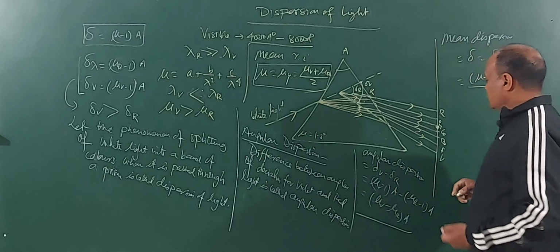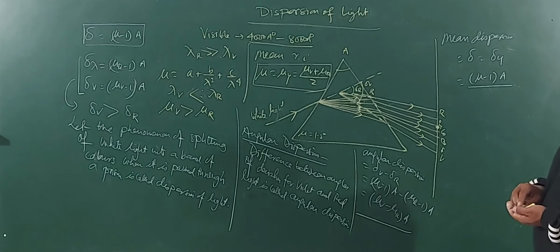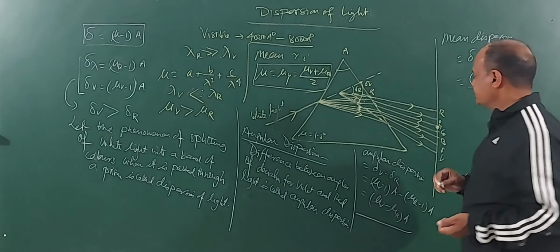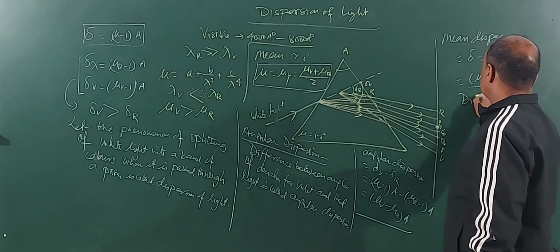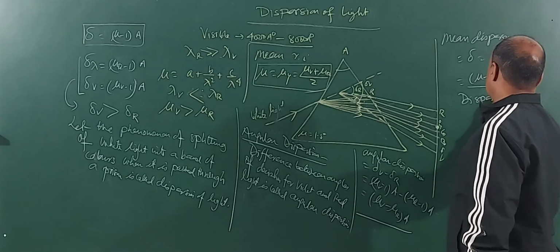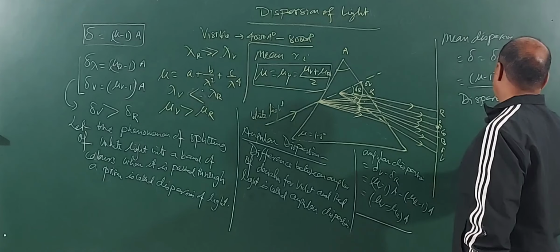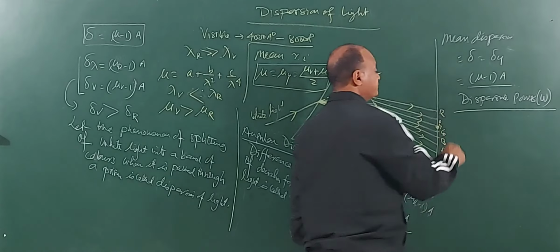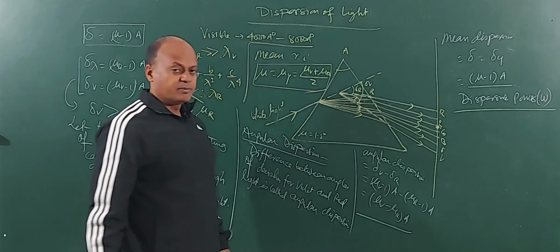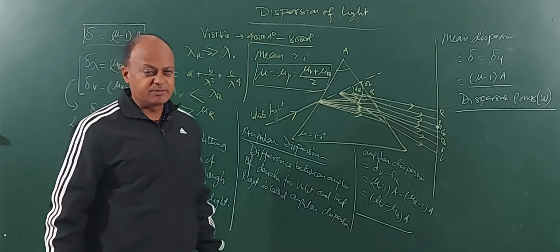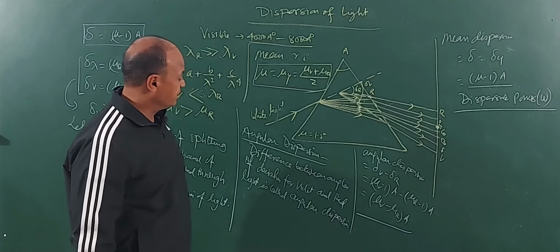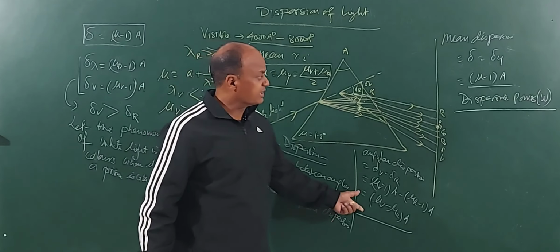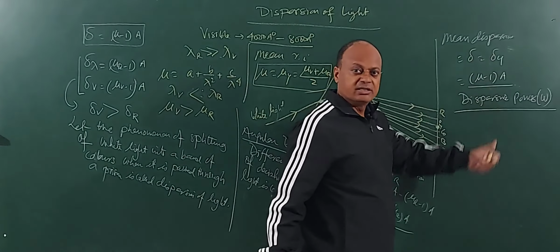Clear? Now, there is another term that we use, children, called dispersive power, denoted by omega. For a prism, dispersive power is the ratio of angular dispersion and mean deviation.